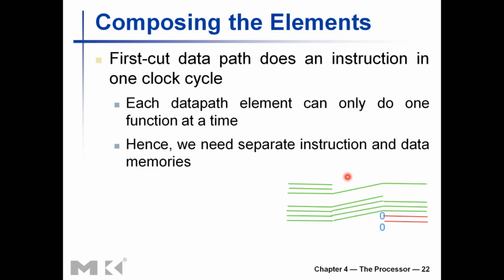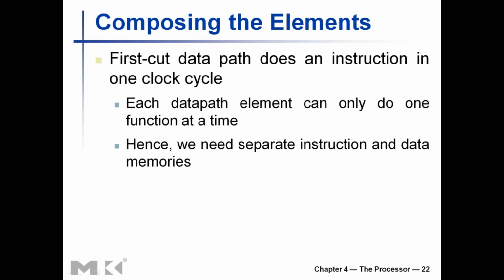If it's a load instruction, you need to read the instruction itself and then read or write the data according to that instruction. So you need to perform two operations on the memory. That is why we need to separate instruction and data memories in this particular implementation. So you need the instruction memory and you need the data memory. Both are accessed in the same clock cycle.